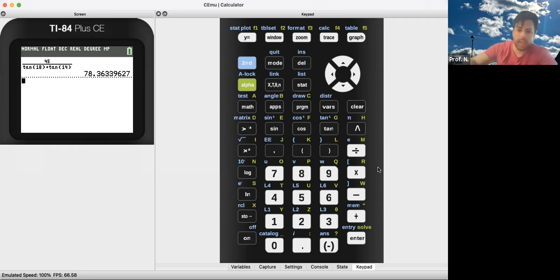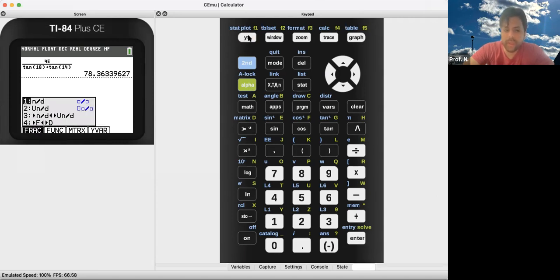Oh, can you show again how to get the fraction set up? Yeah, so if you have a TI-84, I also learned this from another student a while ago. I didn't know you can do this on this calculator. You can though. You use alpha, so the green button. You press alpha and then you press y equals. And then once you do that, you have this option here.